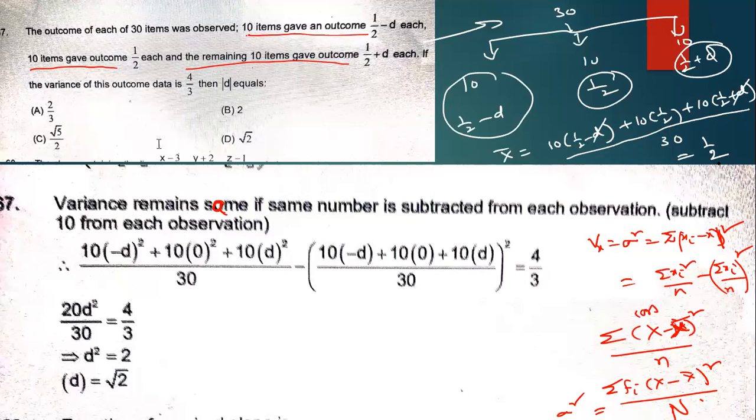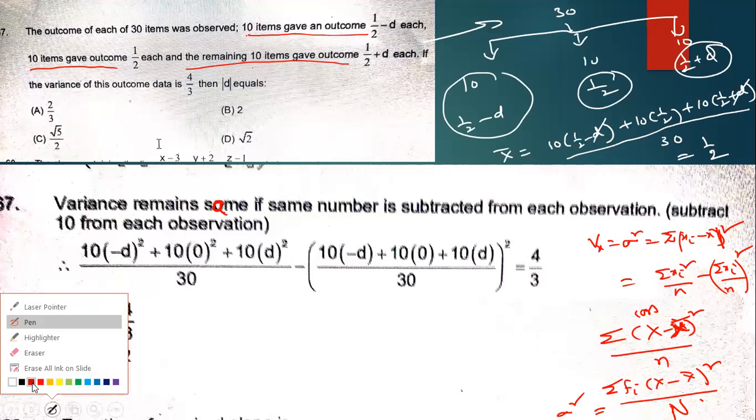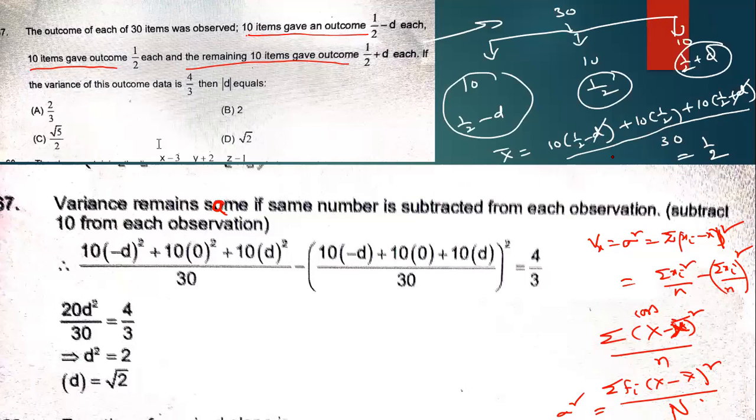So please write on this point: x bar is 1 by 2. Write, all of you. Sigma square is equal to, I'm using this formula, sigma x square by n minus x bar whole square.